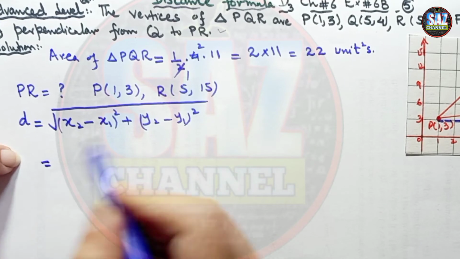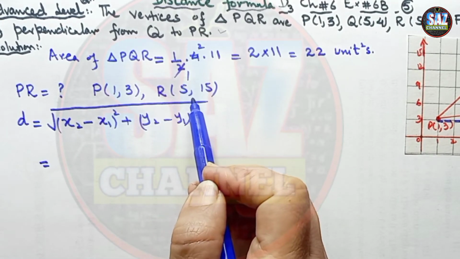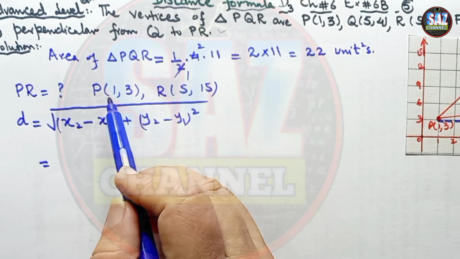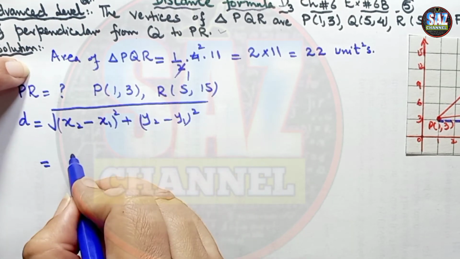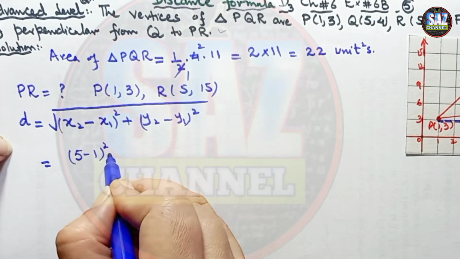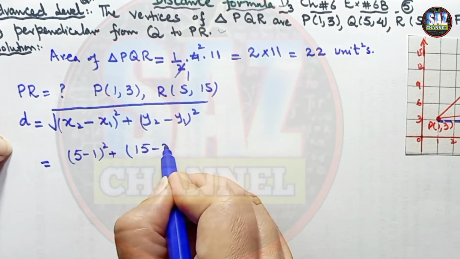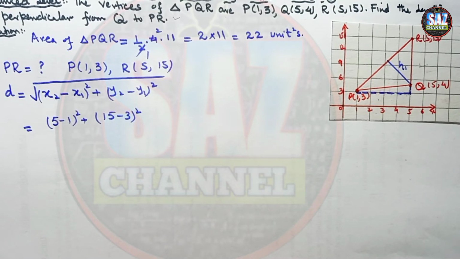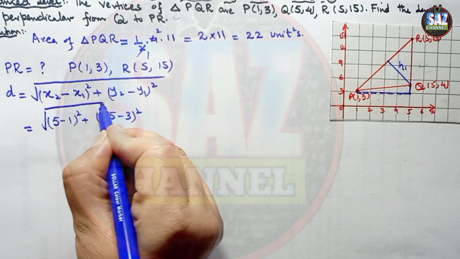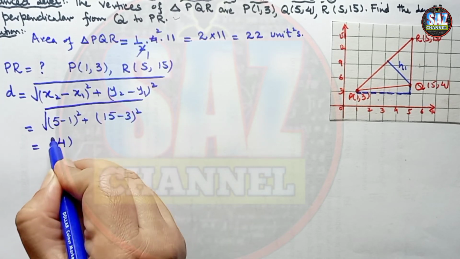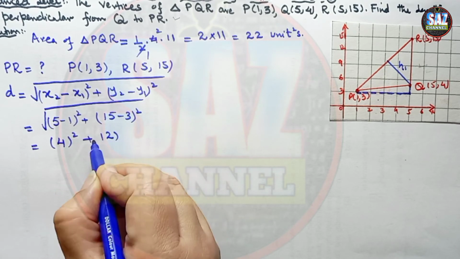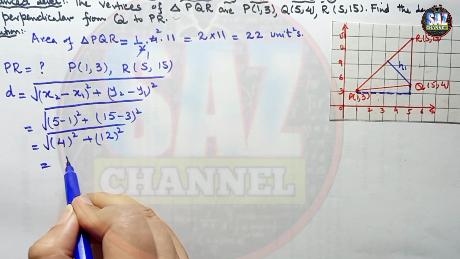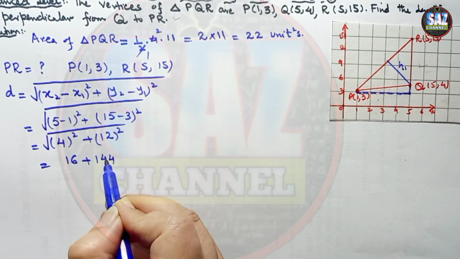As R is coming at the second place, its coordinates will be x2, y2, and P is coming at the first place, so its coordinates will be taken as x1, y1. 5 minus 1 whole square plus 15 minus 3 whole square, and then I have to put the square root symbol. 5 minus 1 is 4 square plus 15 minus 3 is 12 square, and under the square root 4 square is 16 plus 12 square is 144.